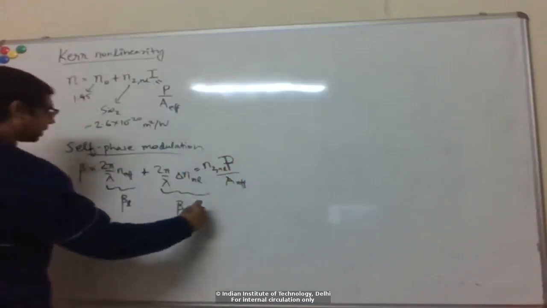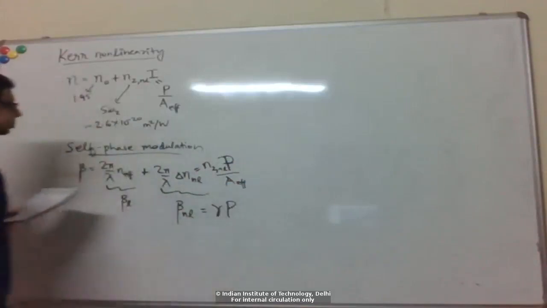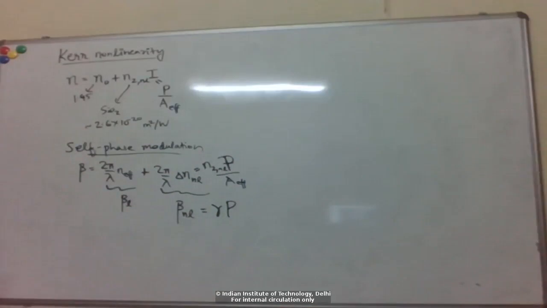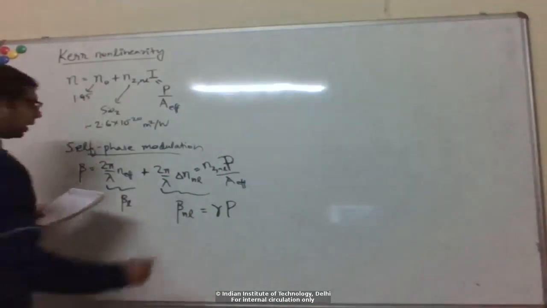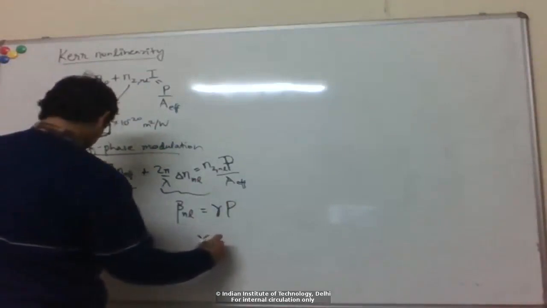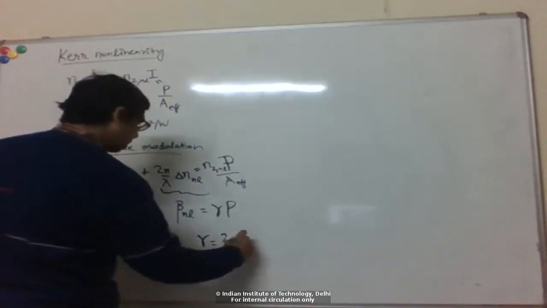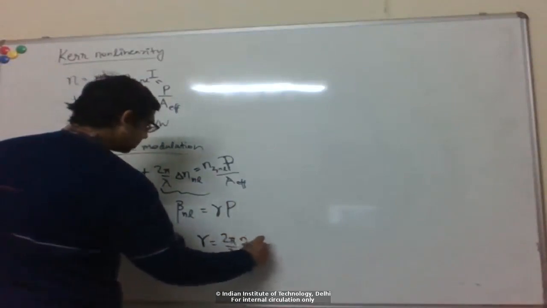Then I can write this factor as some gamma times the power. This gamma depends on the wavelength, this nonlinear coefficient, and the effective mode area.